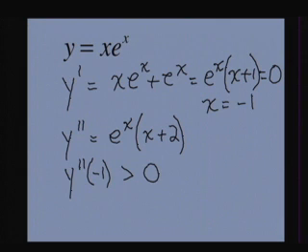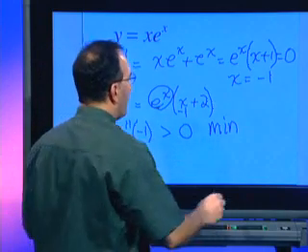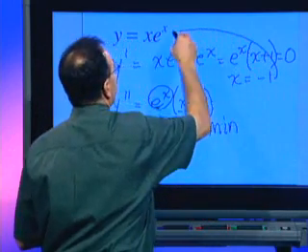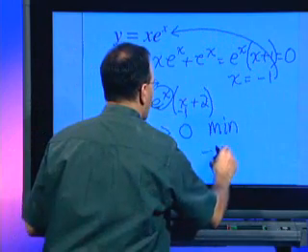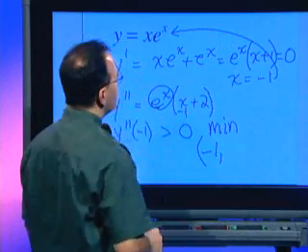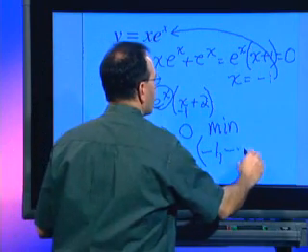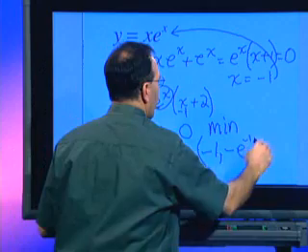That is, it's greater than 0, because when we stick negative 1 in here, this is positive, and of course this is always positive, and therefore the second derivative in this case is greater than 0, which means that we have a minimum point. And in order to find the actual point that the minimum point is, we need to take the negative 1 and plug it in here. So our minimum point occurs at x equals negative 1, y equals negative e to the negative 1.